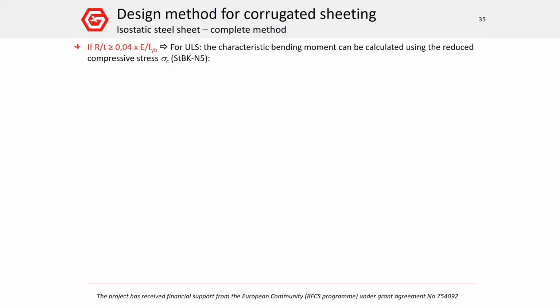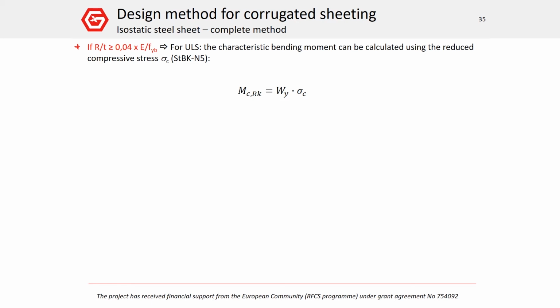If the r/t ratio is at minimum equal to 4% of the ratio between Young modulus and yield stress, then for ultimate limit state, the characteristic bending moment can be calculated using the following relation, considering a reduced compressive stress.